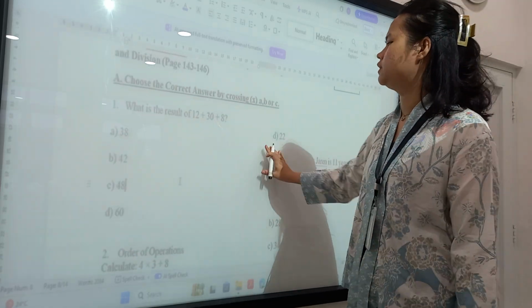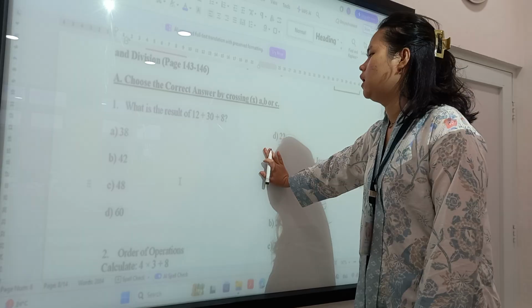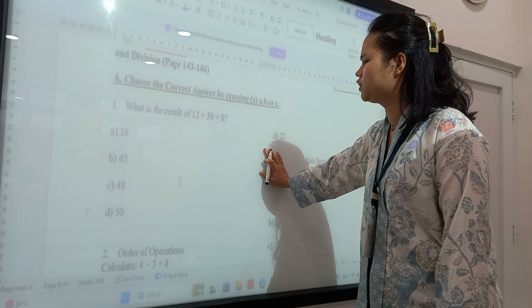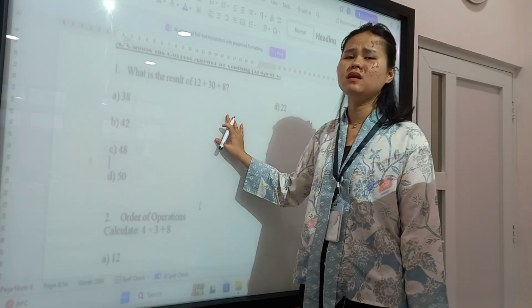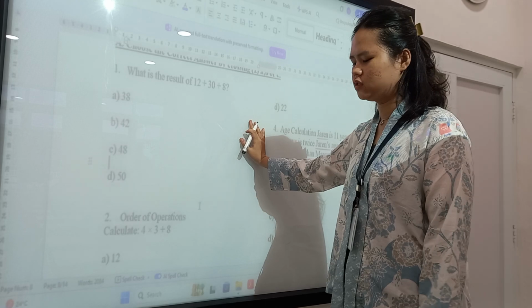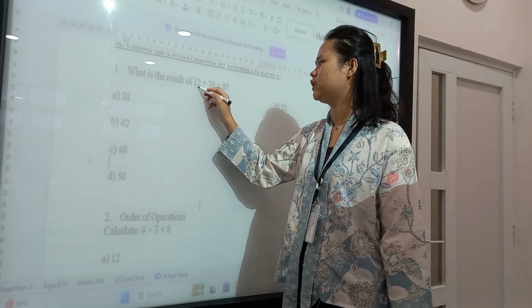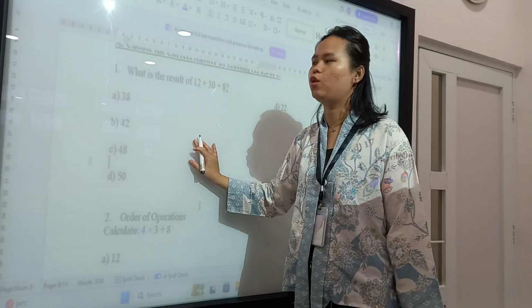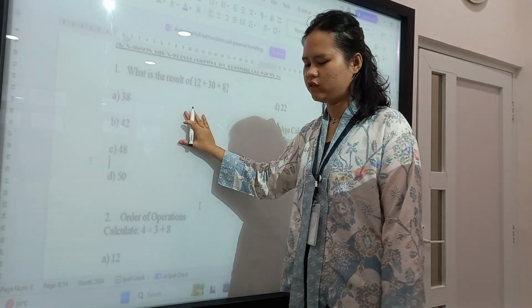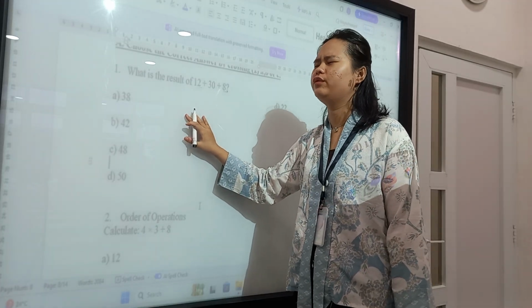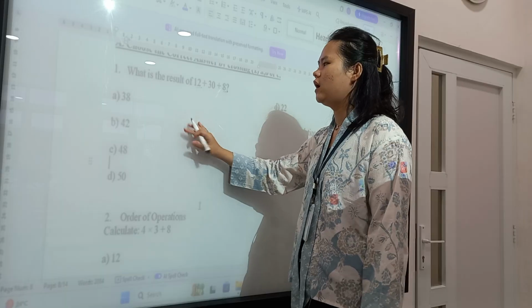Okay, what is the result of 12 plus 30 plus 8? Here we need to use the commutative law because 12 with the 8 become the whole number. The commutative law is like changing, not the grouping.